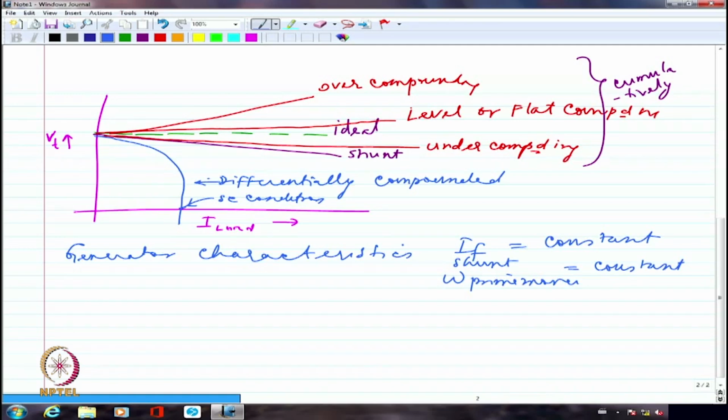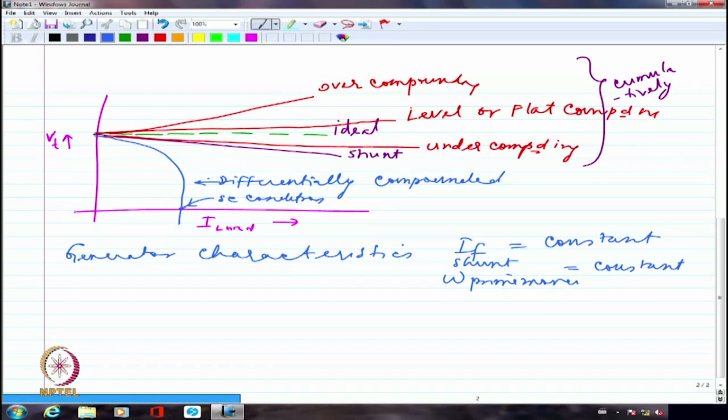What I'm testing is the generator. So I would not like to take the prime mover characteristic into account. I would like to keep the speed as a constant, and at a given speed see how my generator responds. That is what is my concern. So generally when I draw the generator characteristics, I would like to keep these two as a constant. The field excitation I would keep as a constant at rated excitation. I defined already what is rated excitation.